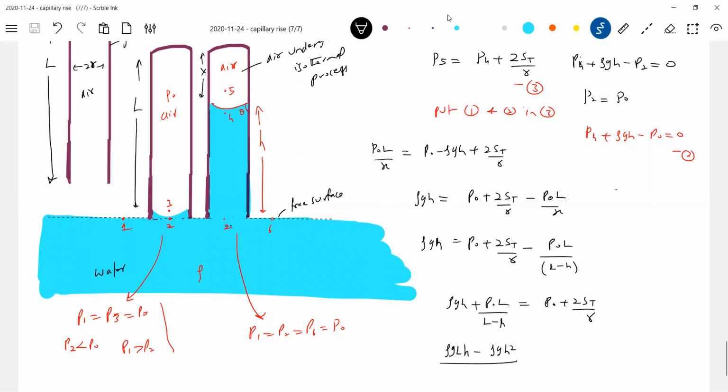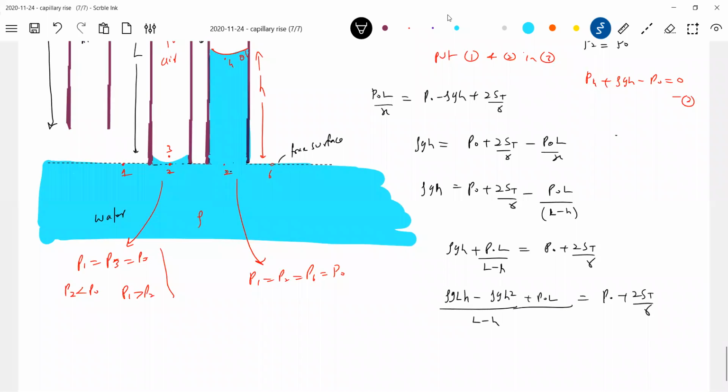X is equal to L minus H. H will not be very small, so we can't do any binomial expansion. Okay, let me write, anyway I have come this far. We have to solve for H again. It will be a quadratic equation, the same as what we had earlier.